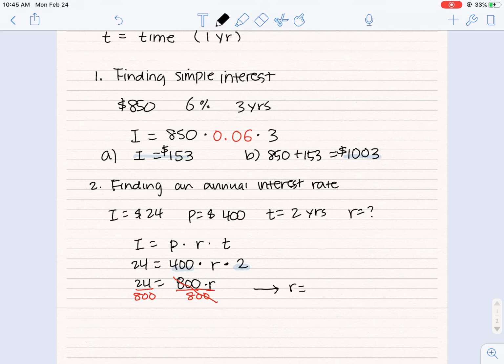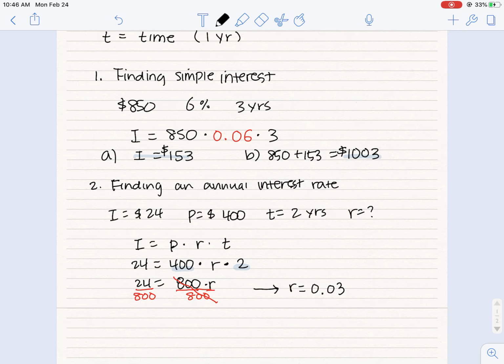So the rate is going to be, now when you have the answer for the rate, it's going to give you the decimal answer. In this case, 0.03. What should we take into consideration though? Rate is 0.03 because we have to use the percentage in decimal format.